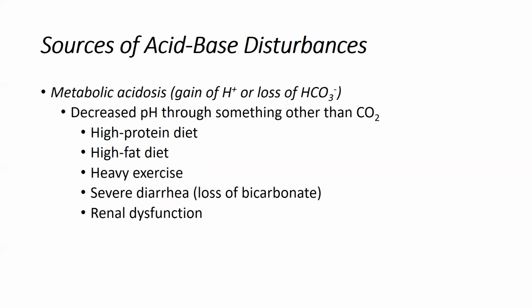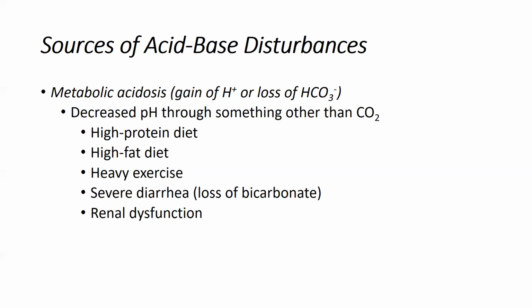Other ways to get metabolic acidosis, severe diarrhea, because you lose lots of bicarbonate, right? If you lose bicarbonate, you are going to get into an excess acid state because of that misbalance. Questions? So would this be more common to see with people with C. diff? It can be, yeah, it can be.